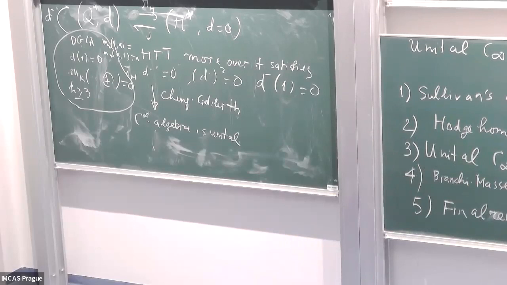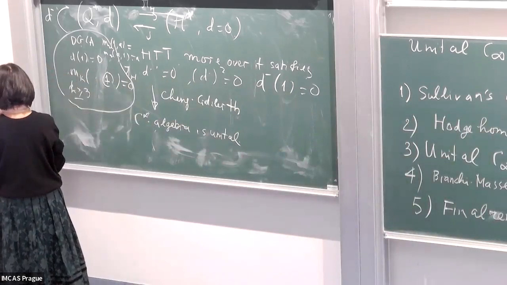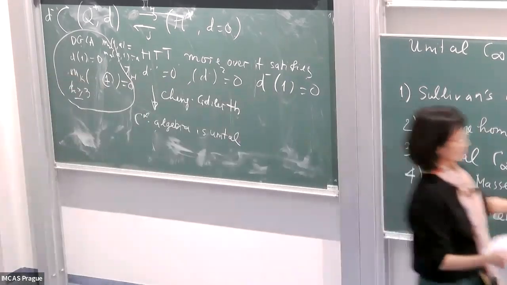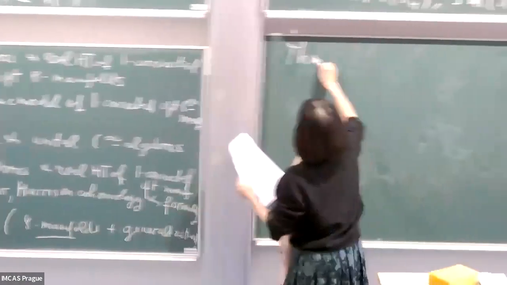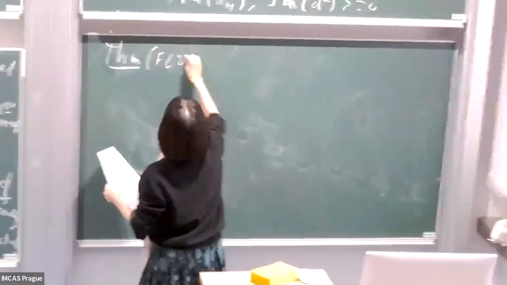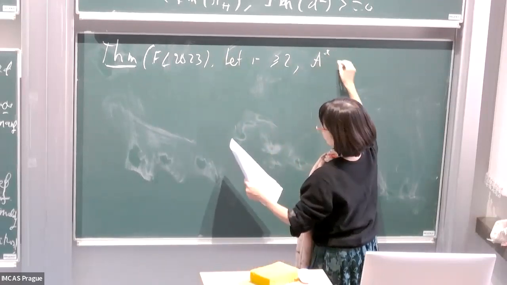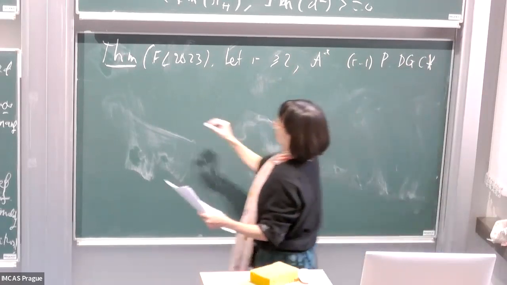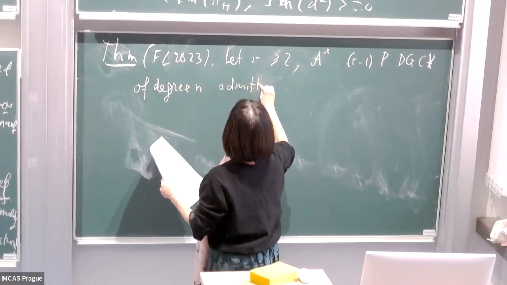Now I state the theorem that we got, which Fiorenza checked recently. Let A star be an R minus 1 Poincare differential graded commutative algebra of degree n, admitting a Hodge homotopy.